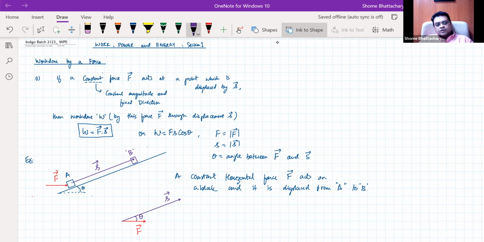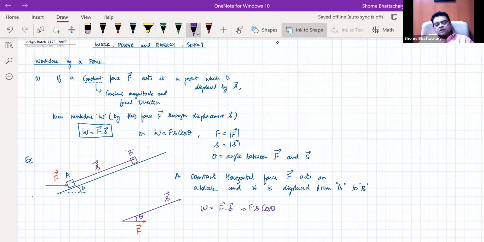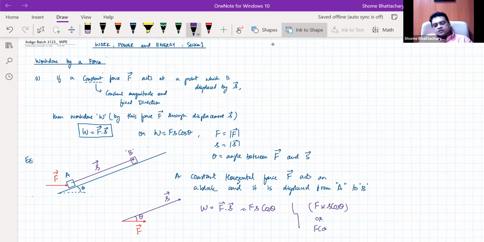So work done will become here F dot S, which by definition is Fs cos theta. Now we can think of this as F into S cos theta, or we can also think of this as F cos theta into S. It doesn't make any difference, but the interpretation is slightly different.